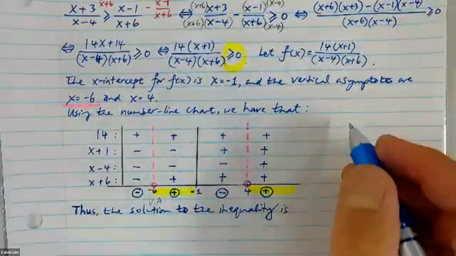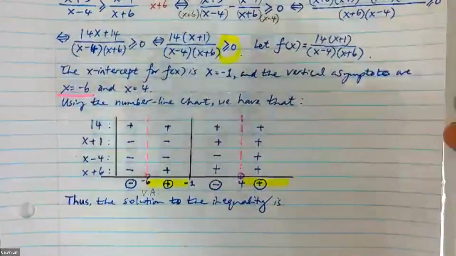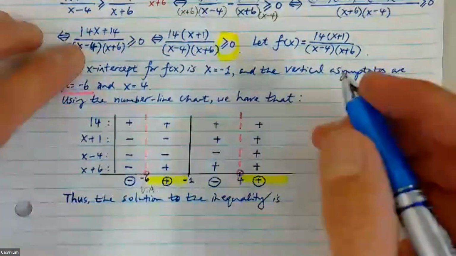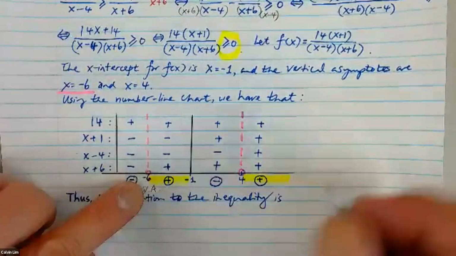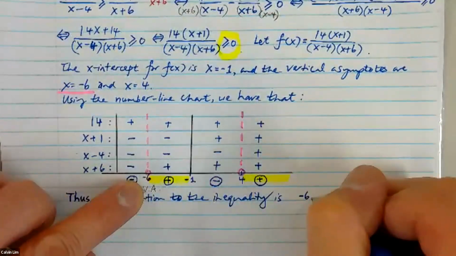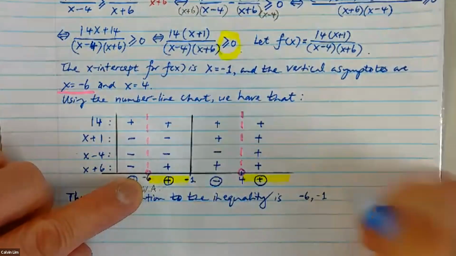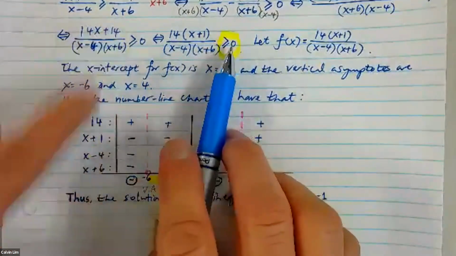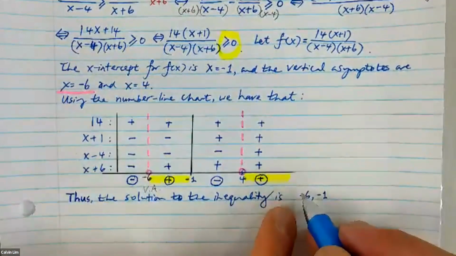I will present the solution both in interval format and in set format. So interval format: this region is from -6 to -1. We're solving an inequality involving greater than or equal. Do we include -6?